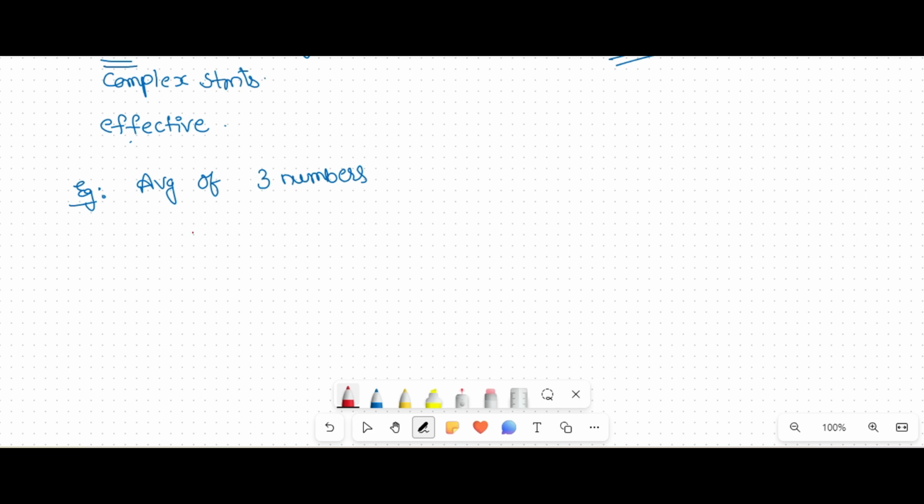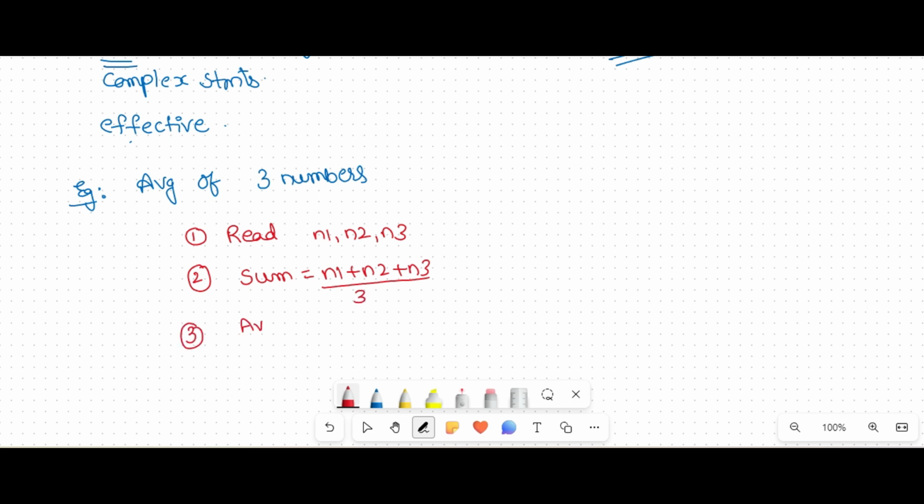For the average of 3 numbers, step 1 is we have to read 3 numbers. Read number 1, number 2, number 3. After reading, calculate a sum, like sum equal to n1 plus n2 plus n3.